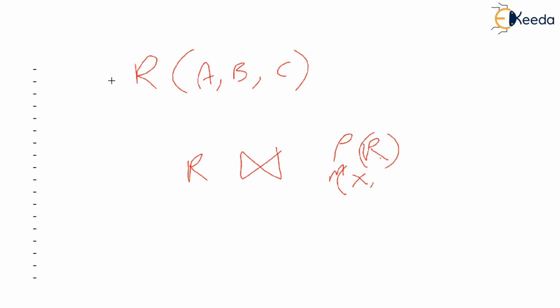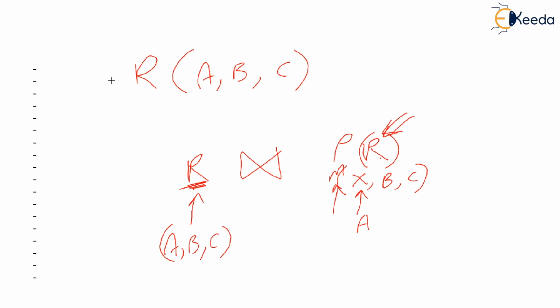Watch out that table R is now renamed as M, but the left hand side R is not renamed. Left hand side R remains R and it still has three attributes A, B, C. But the R that we have used on the right hand side in the join operation will now be known as M. New name is M. And instead of A, we have a label called X. Now for the join comparison, you can write R dot A equal to M dot X.